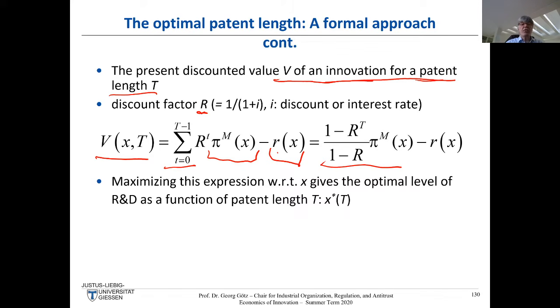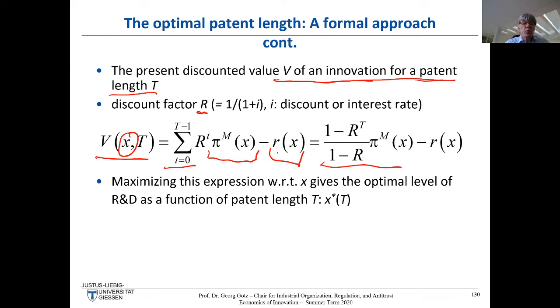What we have to decide is we maximize this discounted value of profit or of the innovation by just choosing the only variable the firm can choose, and this only variable the firm can choose is the variable X. Okay, it can only choose how much to invest or which cost reduction to implement, and therefore it automatically also determines what its R is, its required investment.